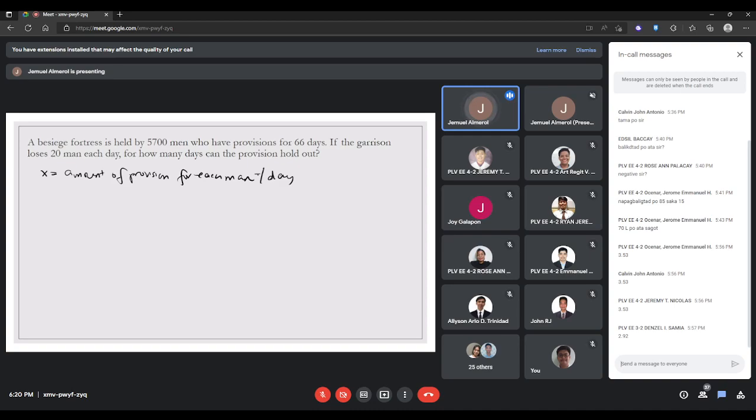Okay, so ibig sabihin yan, di ba, 5,700x, tapos nag-lose down ng 20 men, so magiging 5,680x, no? Tapos, ganun, 5,660x and so on and so forth, no? Okay, plus plus, no?